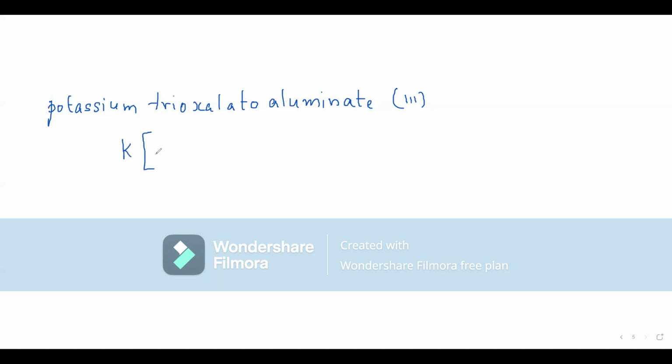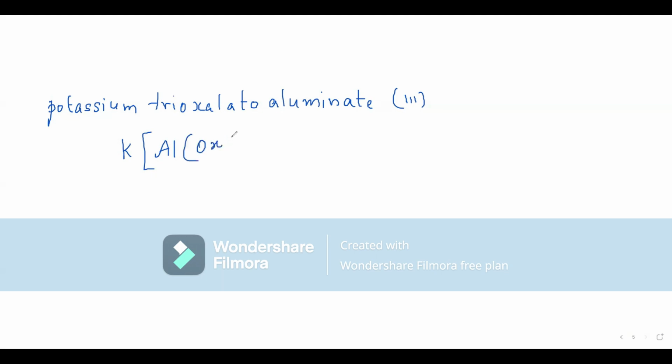Next one. Potassium trioxalatoaluminate(III). So K for potassium, aluminium Al, oxalato.